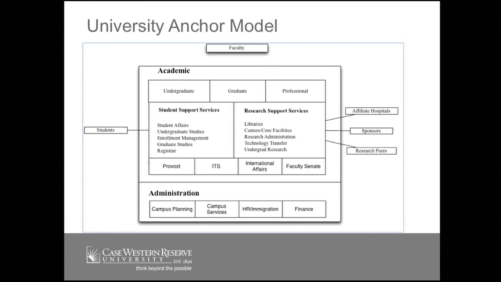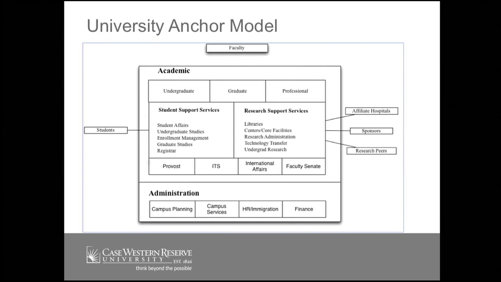At the top, the undergraduate, graduate, and professional, those are the schools, the 8 schools, and they all fit into one of those 3 buckets. And then in the middle are the student support services and the research services. These were services that we thought, from a functional standpoint, faculty can go to to help get their job done. So, for example, student affairs.